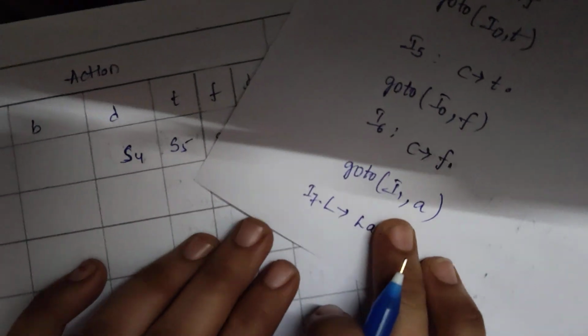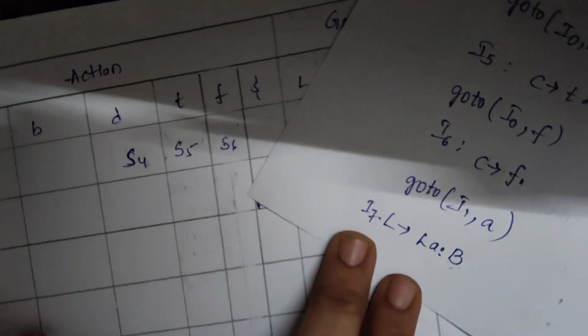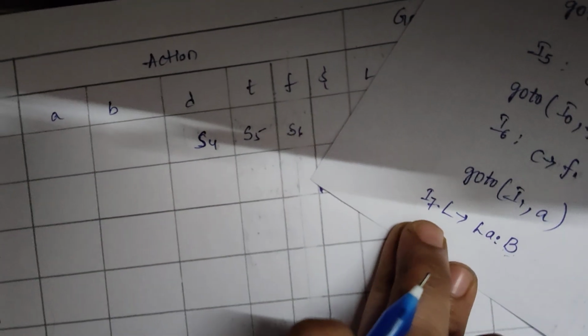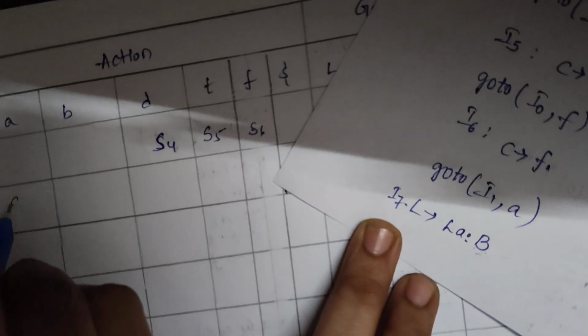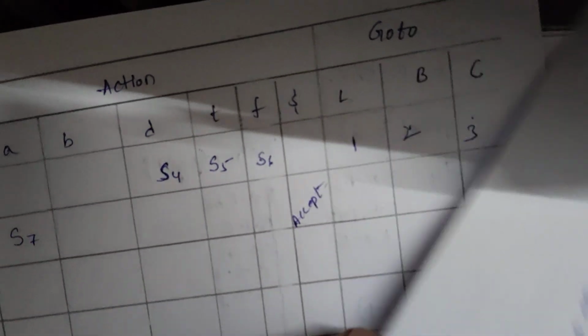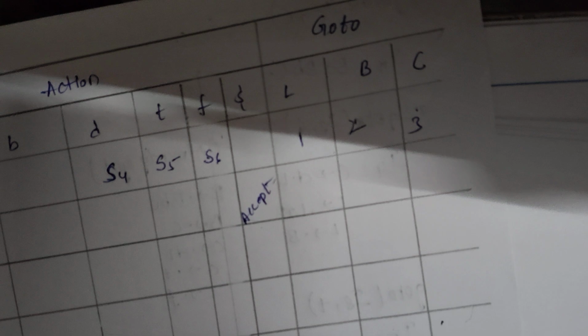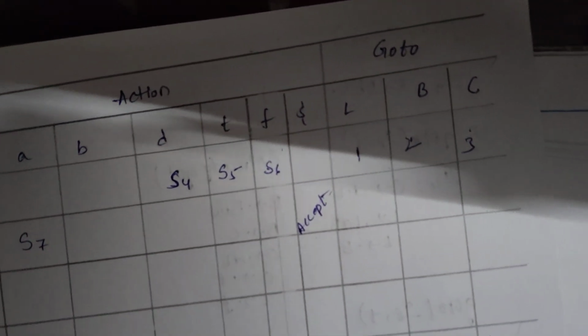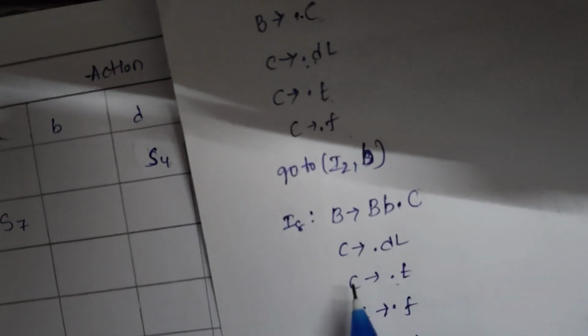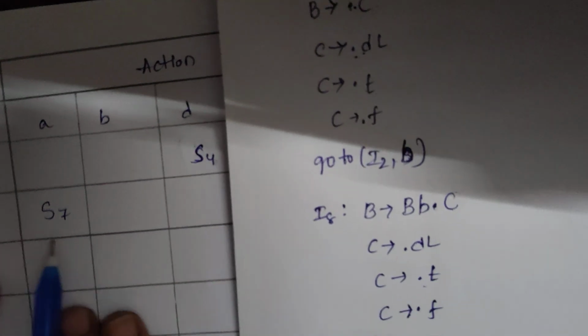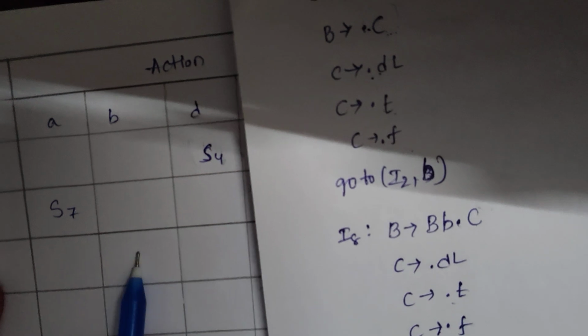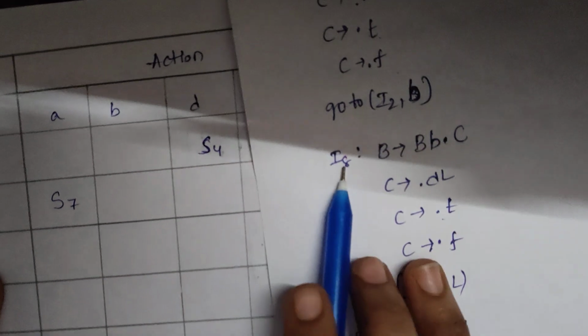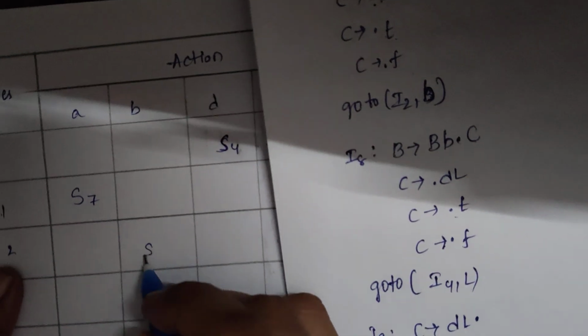Okay. Next, I1 comma A means 1 comma A you need to write 7. So shift 7. Next one is I2B. In place of 2 and small b, we just need to replace it with S8. Okay.